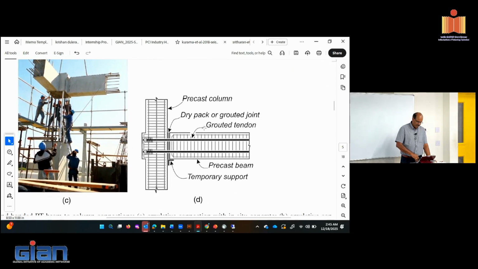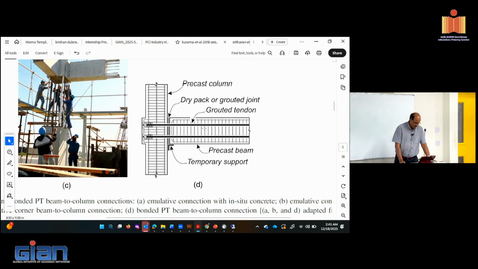Here's a very different detail. What you see here is a precast connection with post tensioning, which is an attractive idea. The column is prefabricated, and the beam is prefabricated. There are ducts included here.